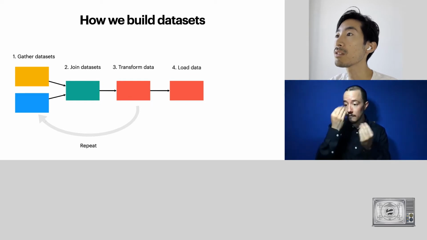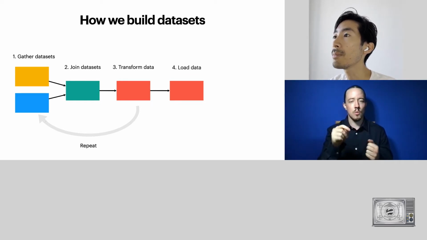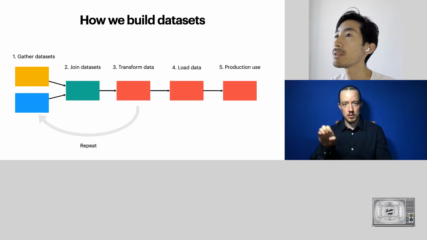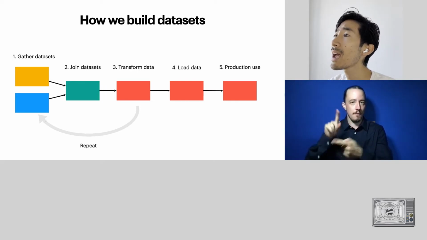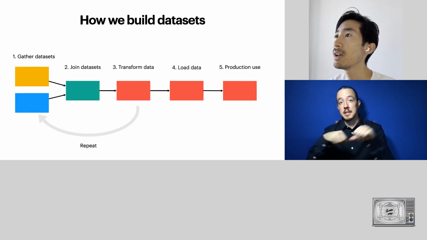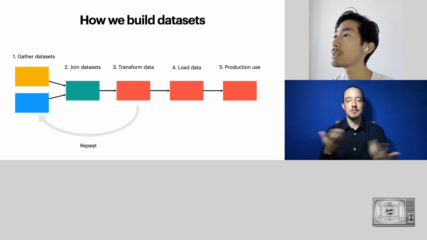So there might be other data that we end up joining in or filtering out. We might do multiple transformations, and then eventually we'll load our data into a reporting infrastructure. So that could be a data warehouse. Once we're good with that, we'll ship it off to another team. So it could be the data science team that ends up doing some modeling. It could be the analytics team that builds out dashboards.